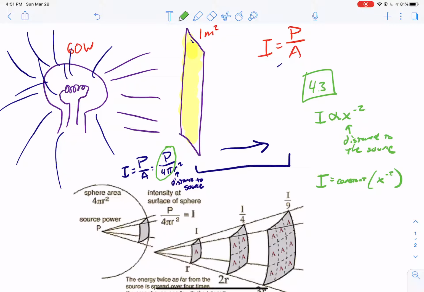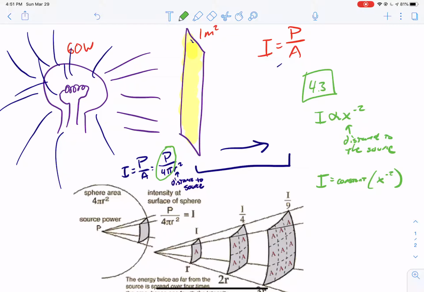By the way, this is going to be very important next chapter. Next chapter is astrophysics. This is one of the ways that we can figure out how bright stars are, because the light from stars works the same way. We will actually calculate the intensity of the sun at the surface of the Earth using information we know about the sun and the Earth, using this equation down here, I equals P over 4 pi r squared, and we'll find it pretty close.